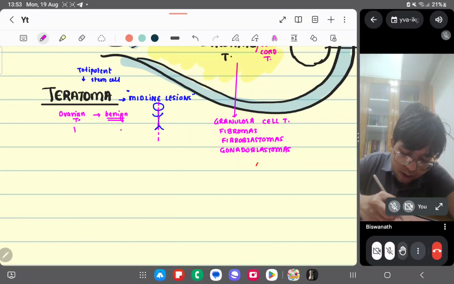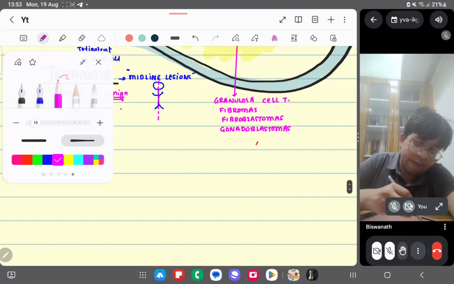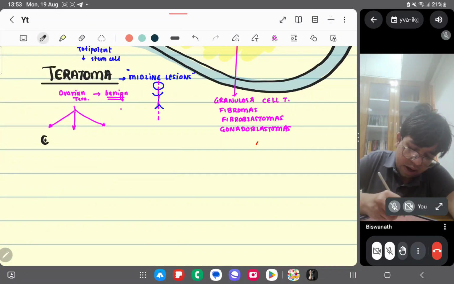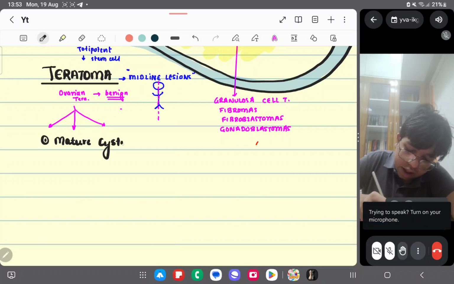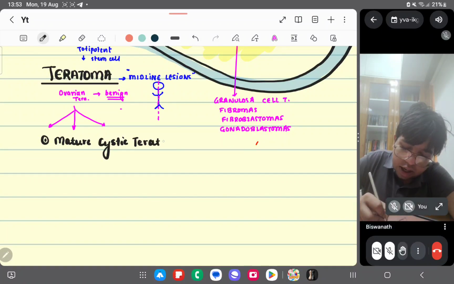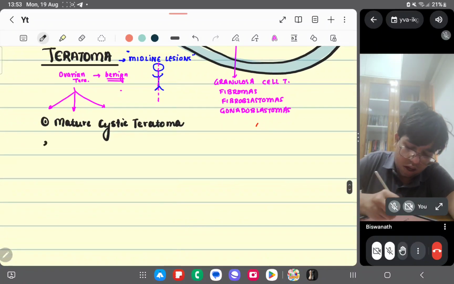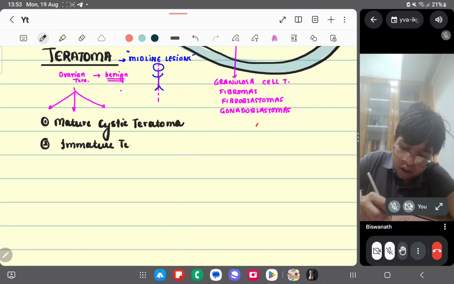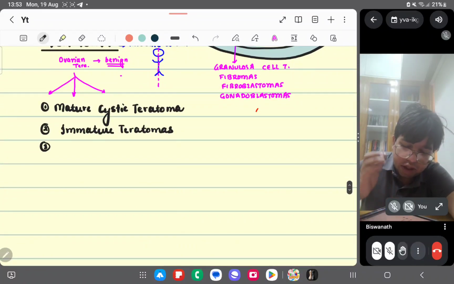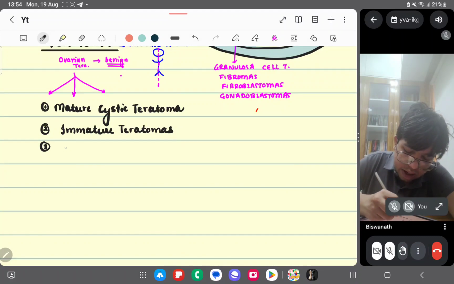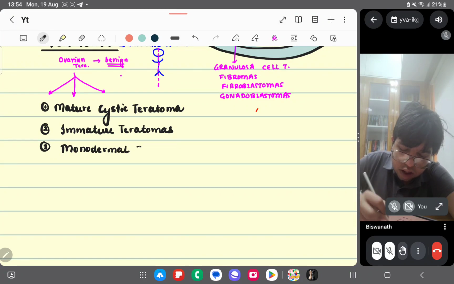So ovarian teratomas can be classified into three categories: mature cystic teratoma, immature teratomas, and the third one is monodermal teratomas.